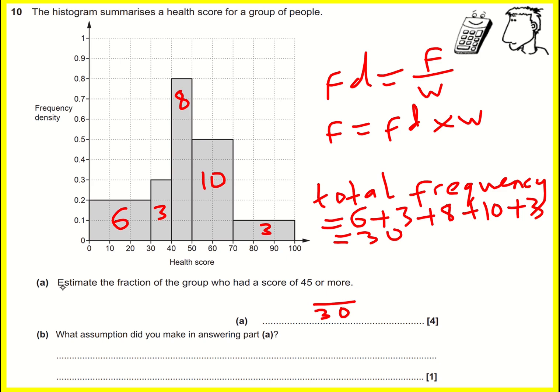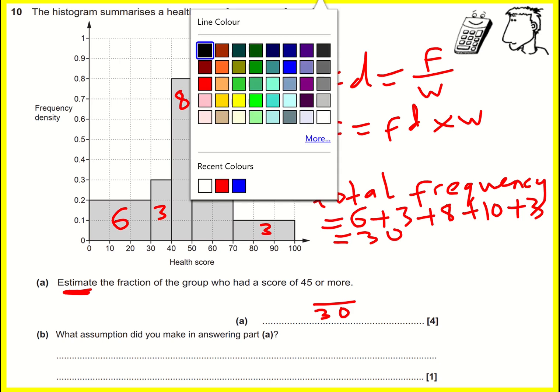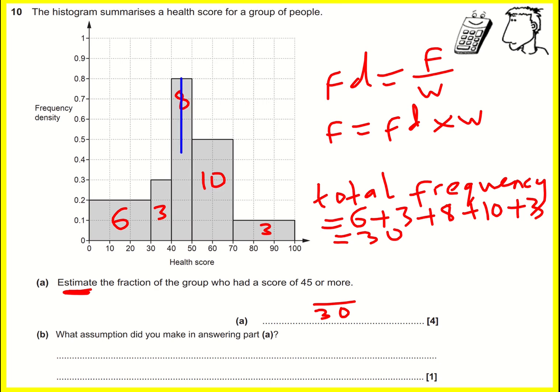Right, now estimate. Now why are we estimating? Estimate the fraction of the group who had a score of 45 or more. What we're going to do is we've got a load of them with 45 or more, but we're going to need to split this in half. So it's now got to be that we're just interested not in the whole area, but this, this, this.